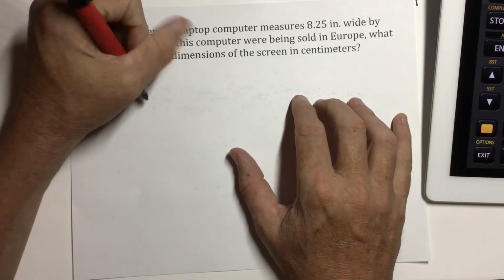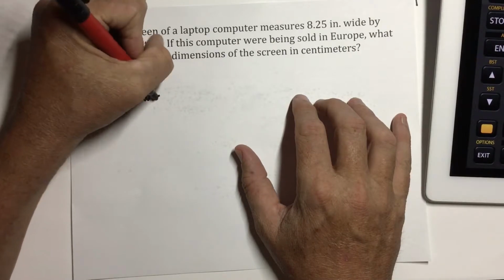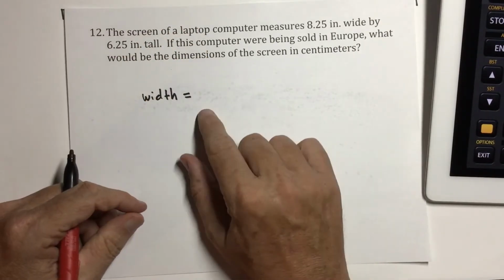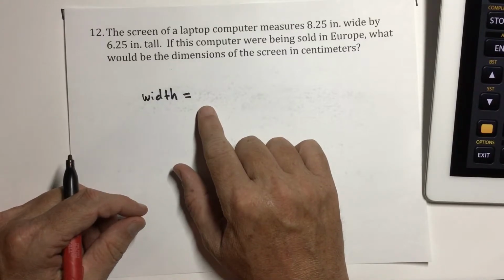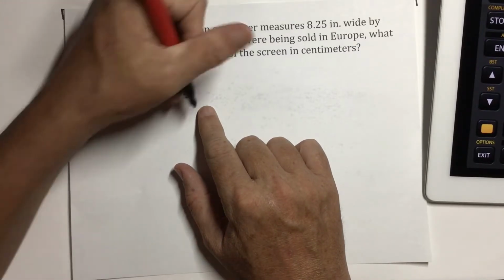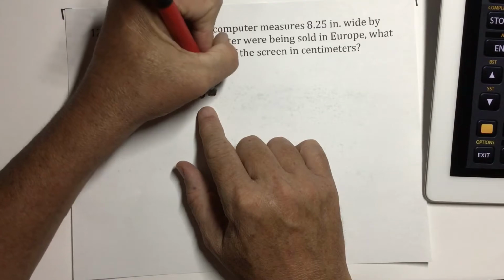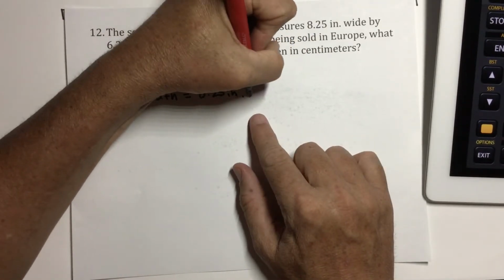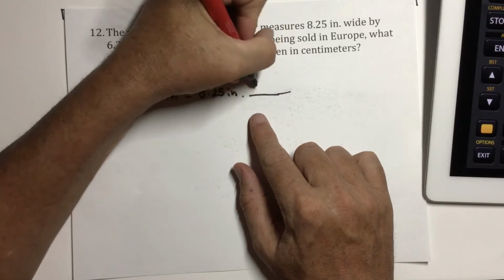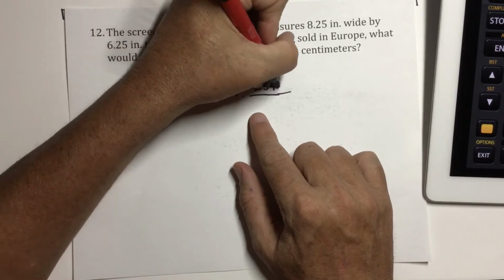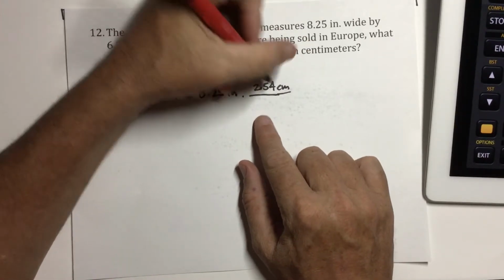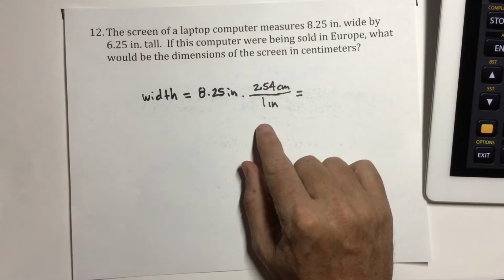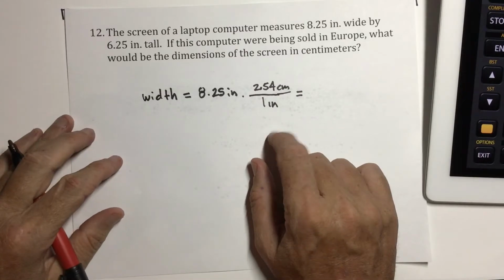Well, let's deal with the width first. 8.25 inches is the width. And by now you already know that there are 2.54 centimeters in 1 inch, and that is exact.